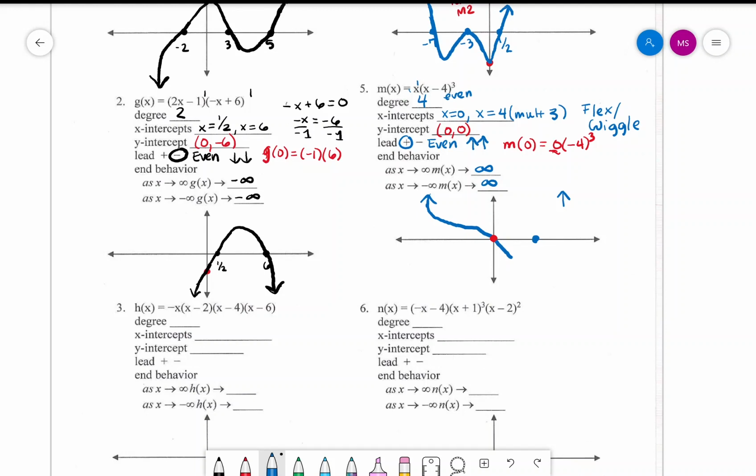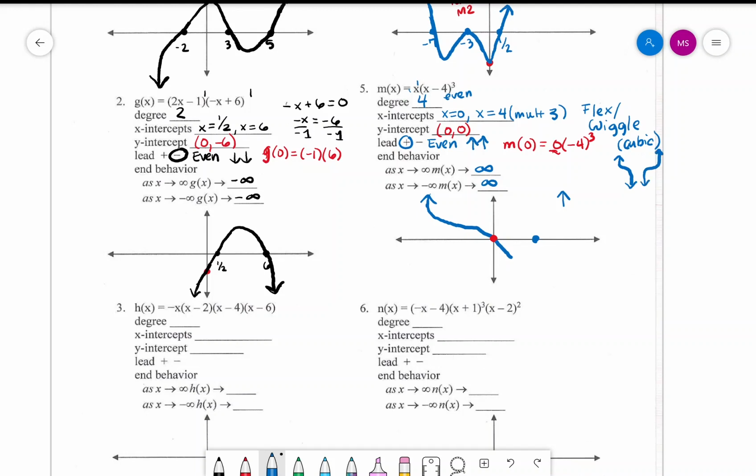Here we have to talk about what a wiggle would look like. All right. So it depends on where it's coming from. So a wiggle really looks like a cubic. Cubic function, it has that little wiggle like that.